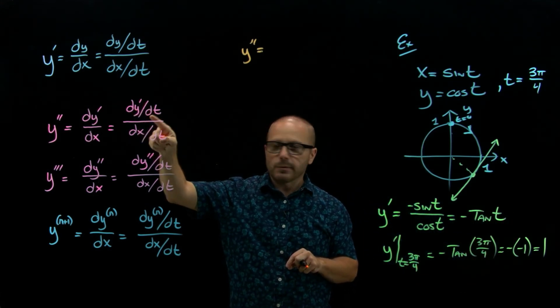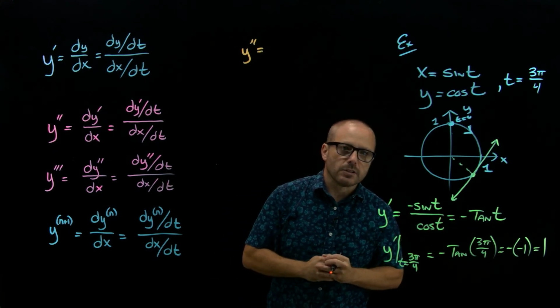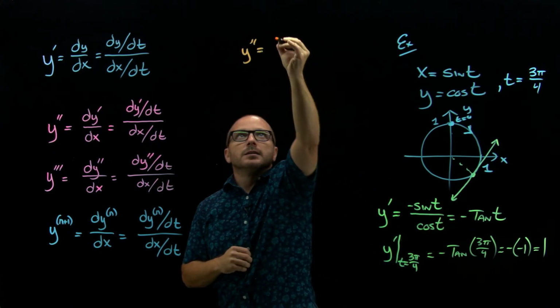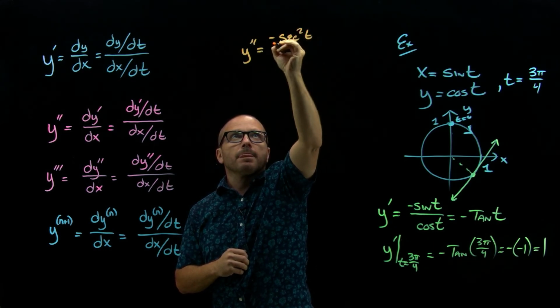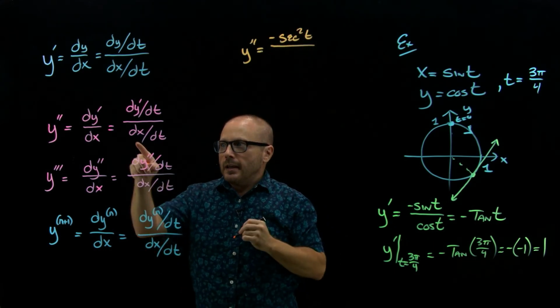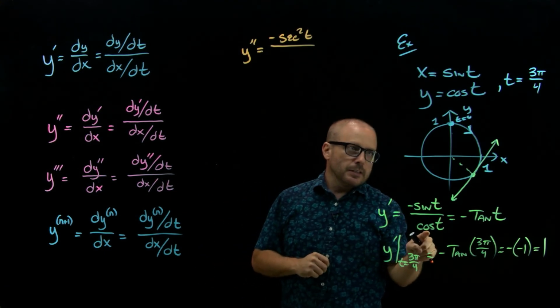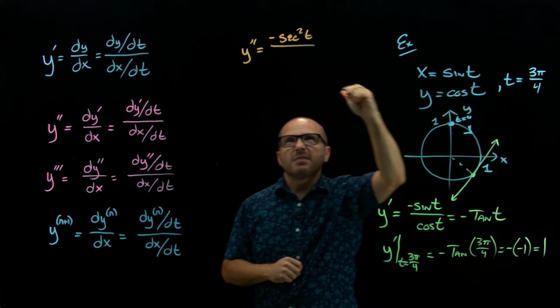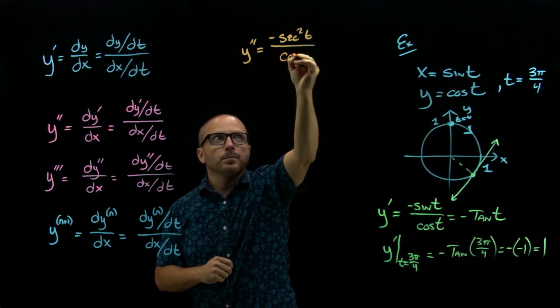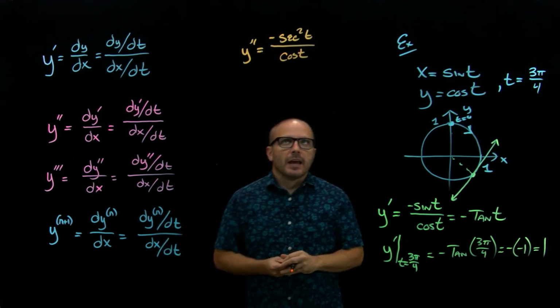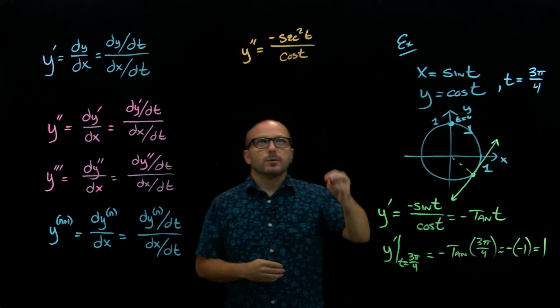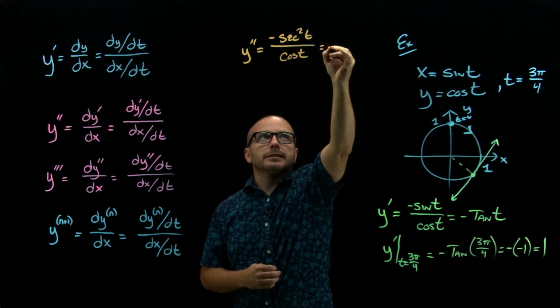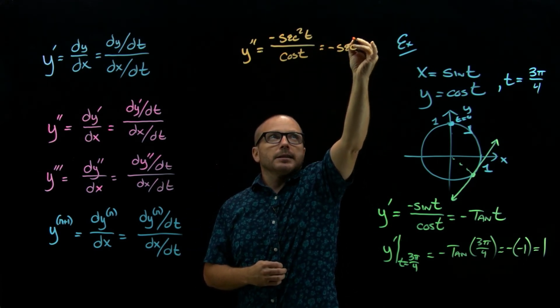So the derivative of tangent is secant squared. So it's negative secant squared over, and again, it's just dx/dt again. So the derivative of sine is cosine, and 1 over cosine is secant. So what we really have, we can write this as just negative secant cubed.